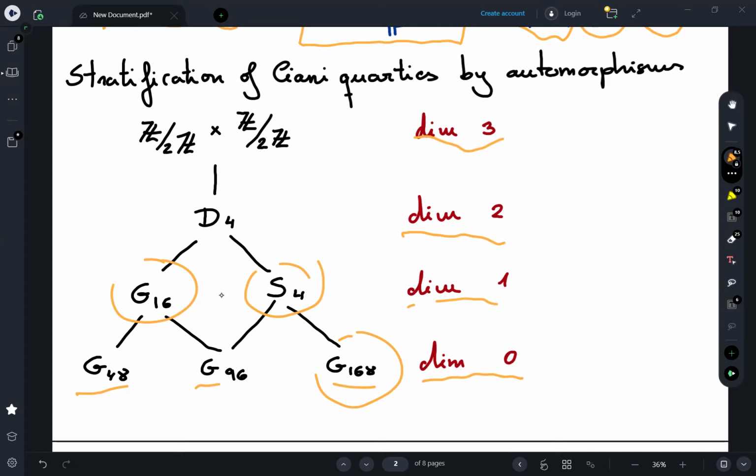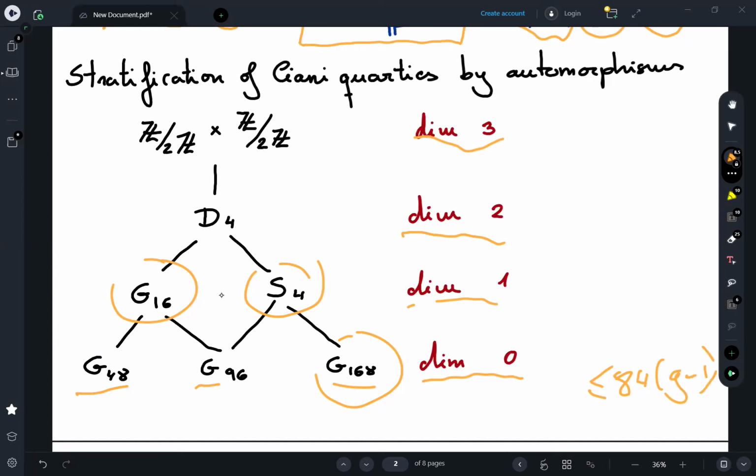That is the one with a big automorphism group, a lot of symmetries. It is actually what is called a Hurwitz curve, because the automorphism group in this case has cardinality exactly equal to the Hurwitz bound, that is 84 times the genus - 1. So it's a very special curve.